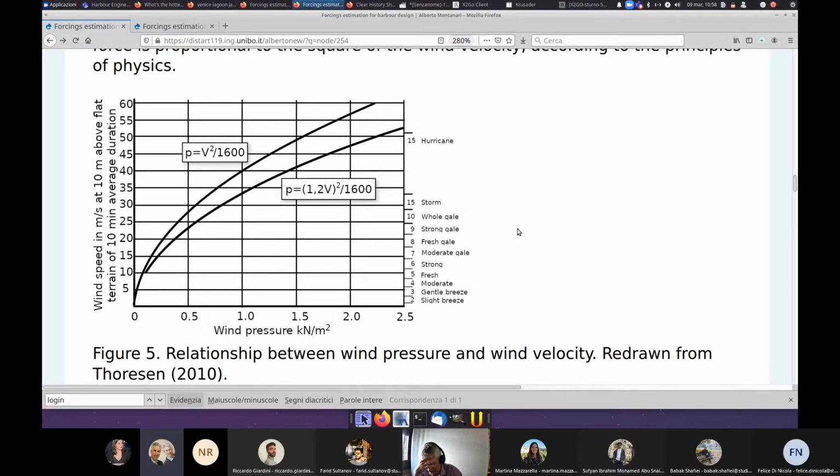First of all, the ship may rotate if the center of gravity of the exposed area to wind is not coincident with the rotation axis of the ship, which is a physical property of the ship, and we will discuss how this rotation axis is identified.